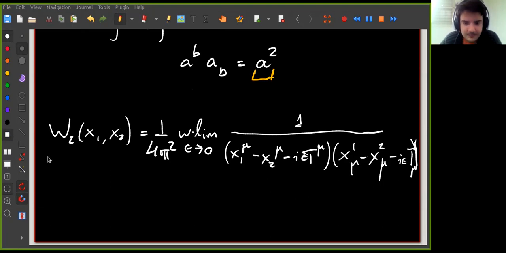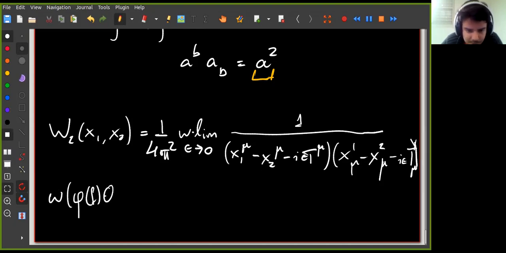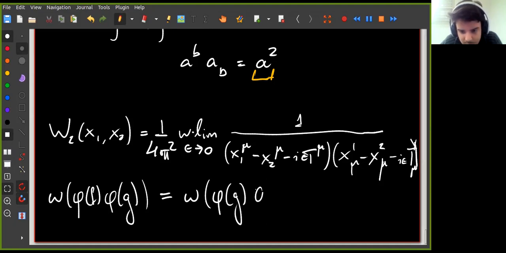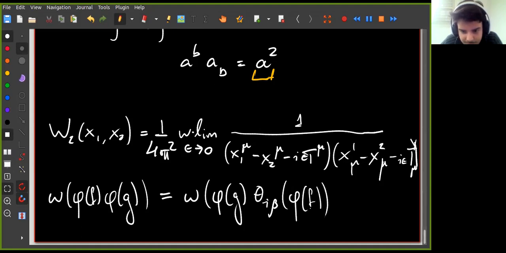I'm not going to do the complete calculation, but what you can do at the end of the day is you focus on phi f, phi g, and it can be shown, see the lecture notes for a few more details, that this is going to be phi g, theta i beta, phi f, plus everything.